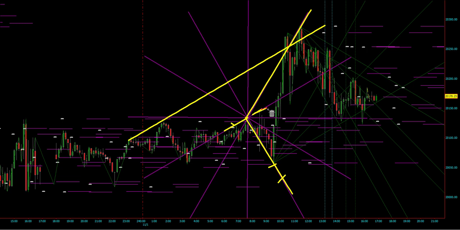Now this is the energy grid. So this is how we do it. All right, so hopefully you got that going. Now what about these Gann lines?